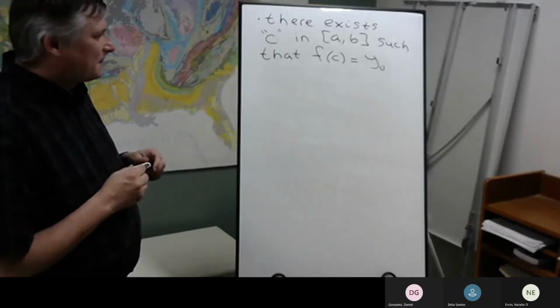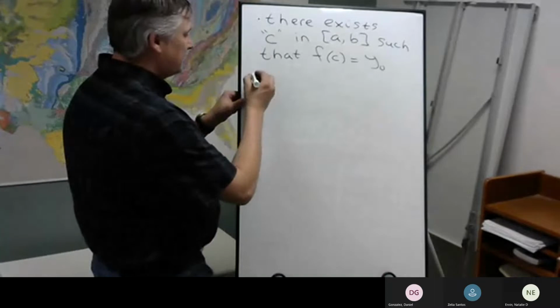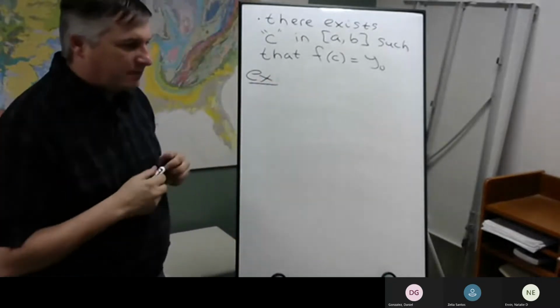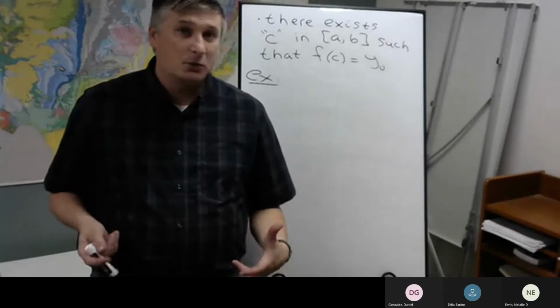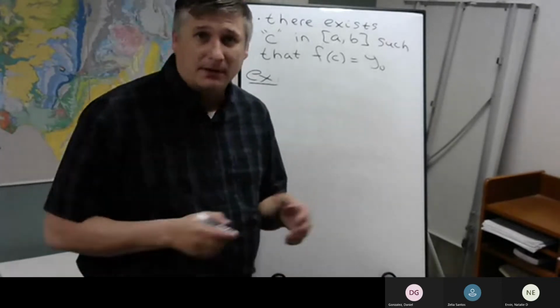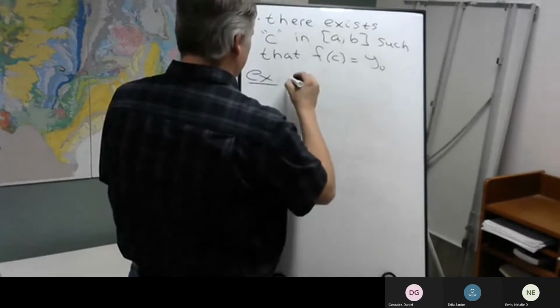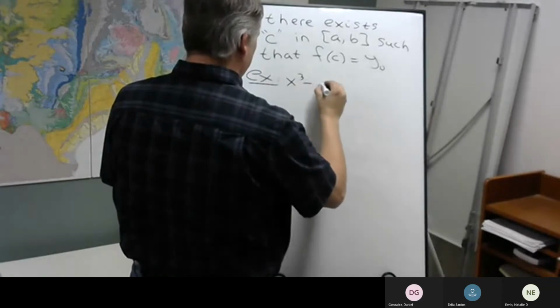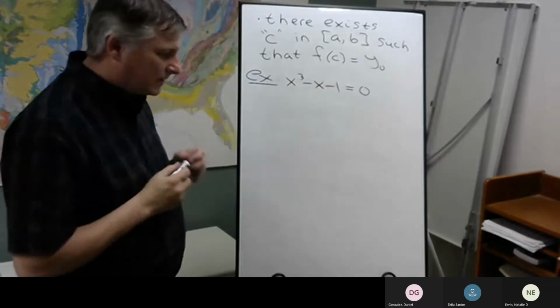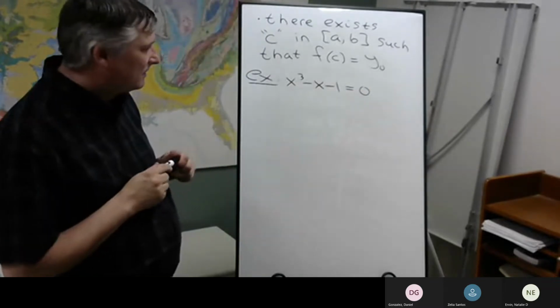So what does this actually do for us? Well, this is something that's really going to be helpful. Now, let me run through an example. If you're dealing with, for example, equations, and you're trying to find a root for an equation, like we're going to solve for x, say something like this.